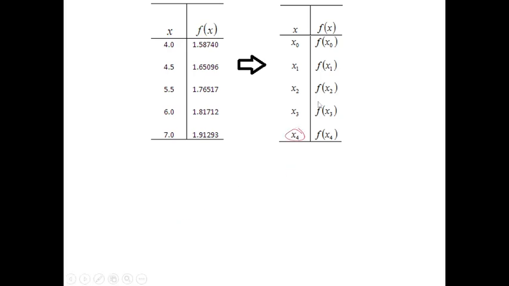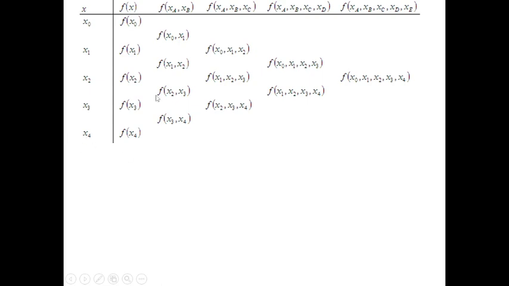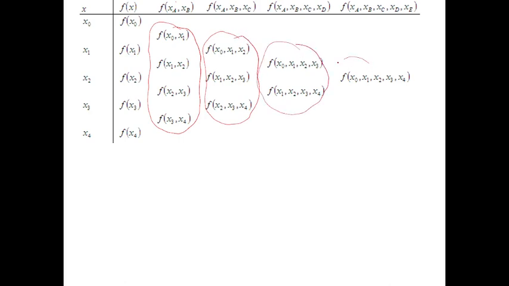Okay, we are to construct the difference table until we reach x sub 4. So these are the first order divided differences of f, second order divided differences of f, third order divided differences of f, and the fourth order divided difference of f.